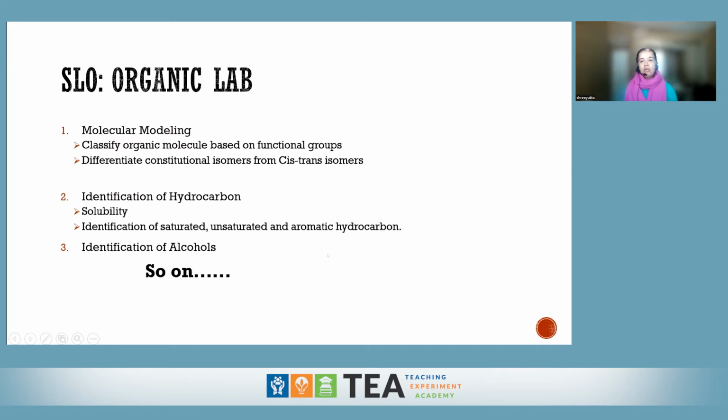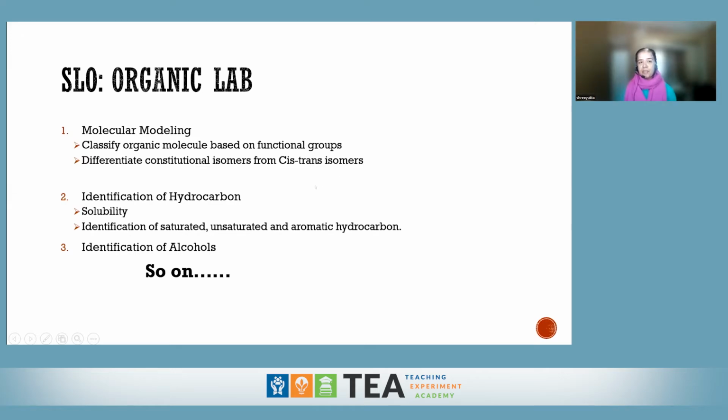So I followed through by doing the specifications grading, breaking down my lab based on the SLOs. Per my syllabus, every lab has related SLOs. The first lab is molecular modeling, where students build up molecules and learn about functional groups, and differentiate the different isomers, cis and trans isomers, by looking at 3D models.